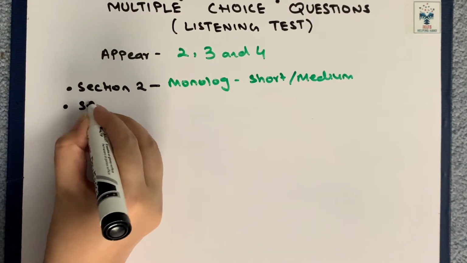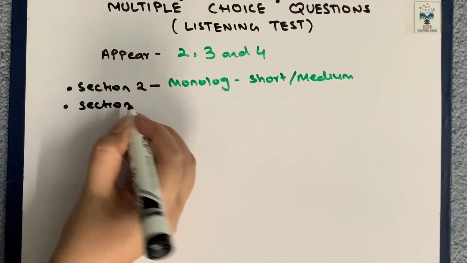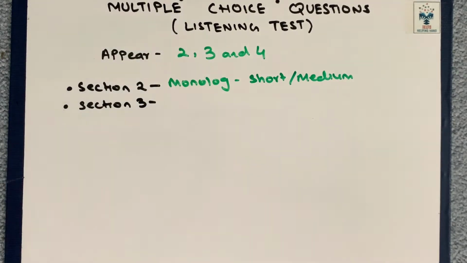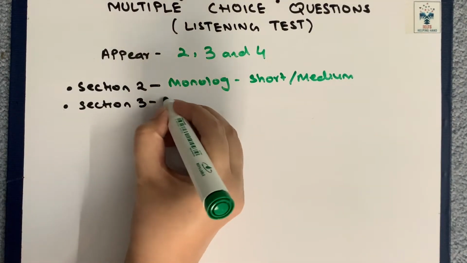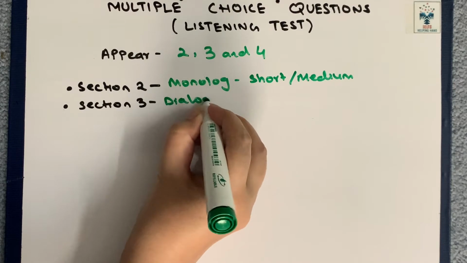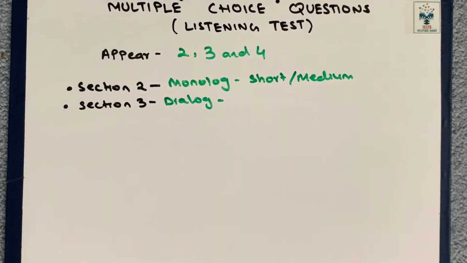Section 3 is a dialogue between 2 or 3 speakers. The speakers could be 2 students and a teacher, a student and a teacher, or students only.